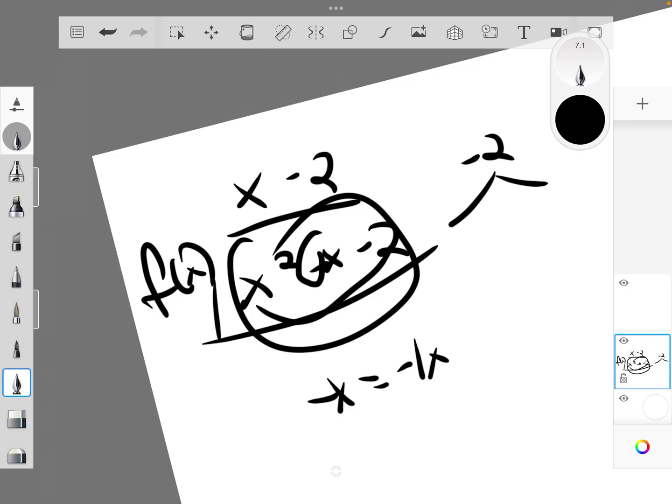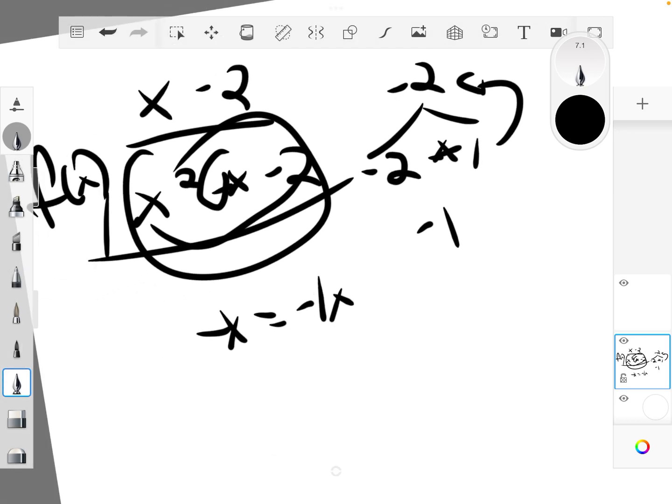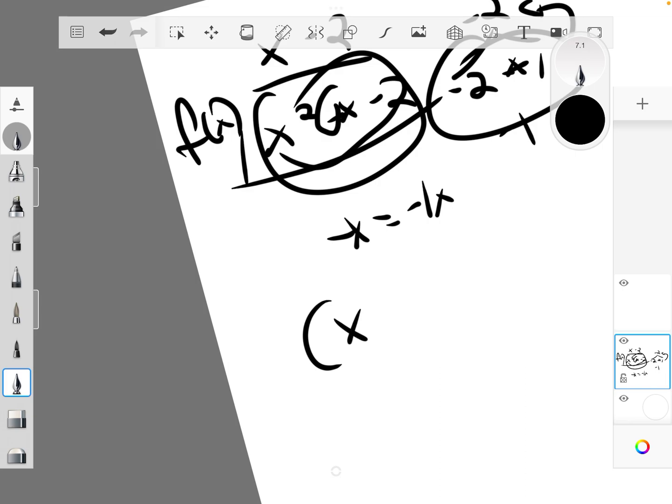So what times what gives you negative 2, but when you add them together gives negative 1? Negative 2 and 1. Why? Negative 2 times 1 gives you negative 2, and negative 2 plus 1 gives you negative 1. See, it fits. So this factors into x minus 2 and x plus 1.